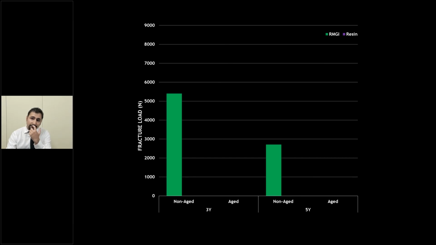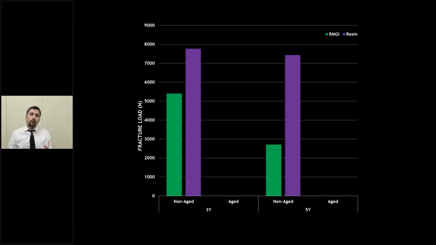Now, when we bonded them, the interesting part happens here. So the 3Y crown got stronger to around 8,000 Newton. And the 5Y got as strong as a bonded 3Y. So this study was so nice to see that, oh, really, bonding is not just for holding a crown in place.